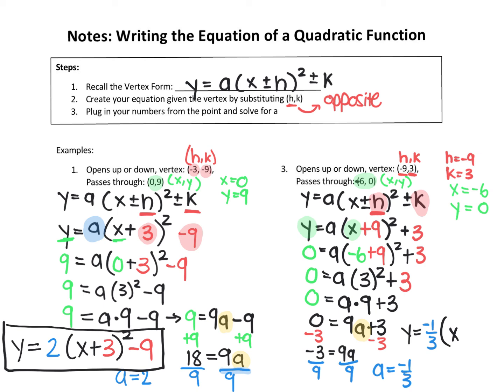And then I have my other numbers from that vertex. So my h, we said at the beginning, was +9 because it was the opposite. So I'm going to keep that there. Then I'm going to square it. And then at the very end, I still have that plus 3 because that also came from the vertex. So this right here is my answer.